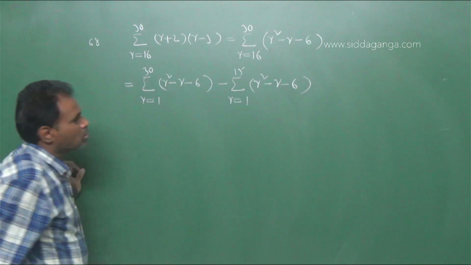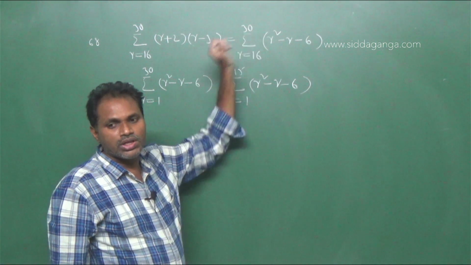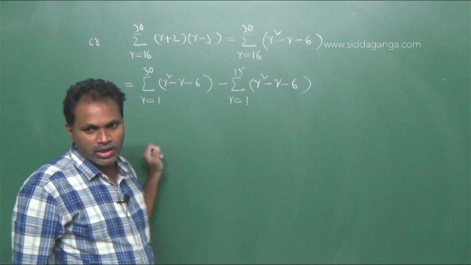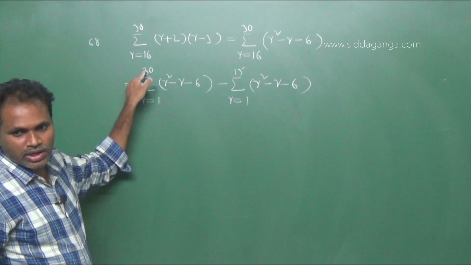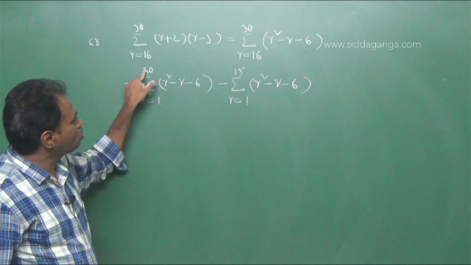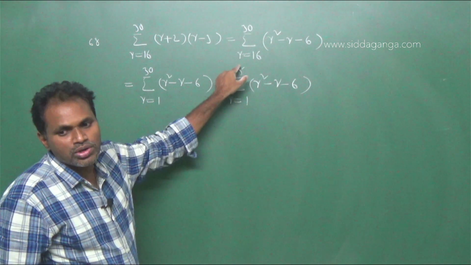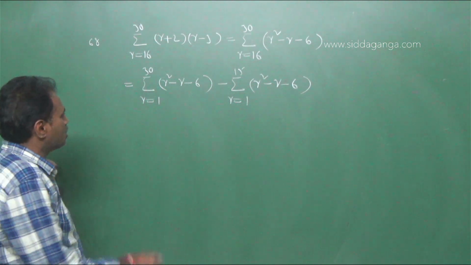Here you observe, we have to find the sum of the terms from 16 to 30. But I am finding first the sum of the terms from 1 to 30. From that I am subtracting the sum of the terms from 1 to 15. Then you will get the sum of the terms from 16 to 30.